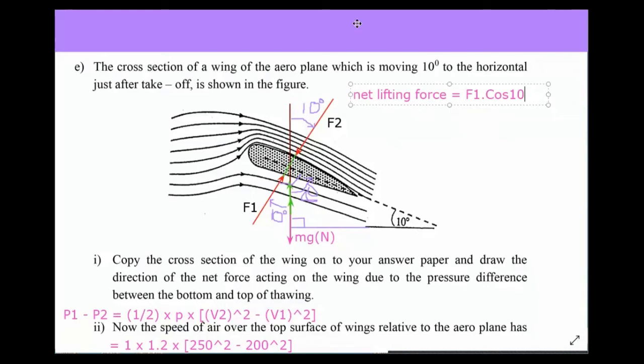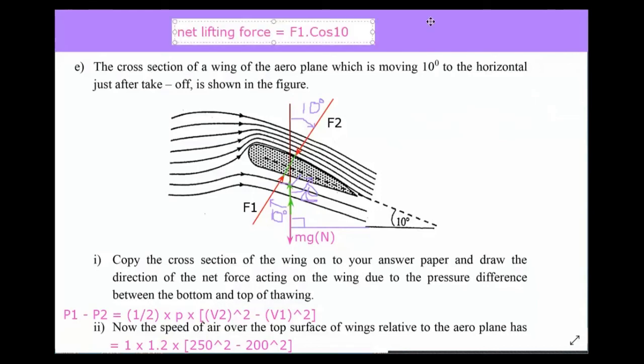So let me write it here. Therefore, the net lifting force should be F1 cos 10, the upward force, minus the summation of the downward forces. The downward forces are F2, and the downward component of F2 is F2 cos 10, and mg, right?